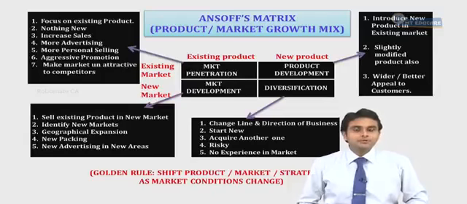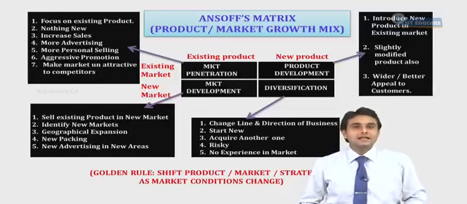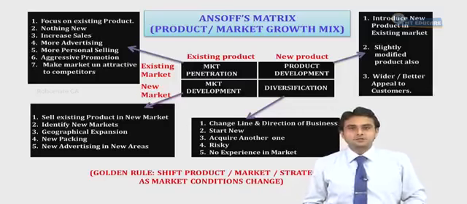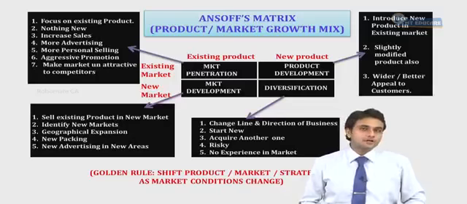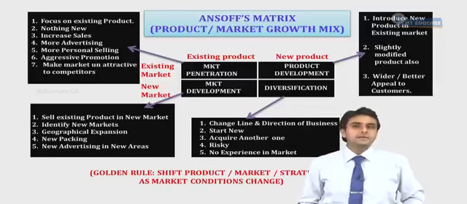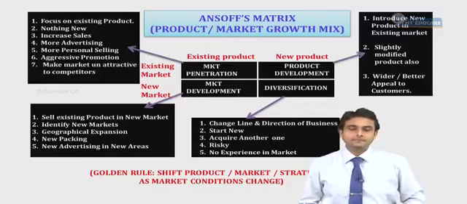Now, another approach can be product development, which means I develop new products apart from already selling existing products, and I develop a new product and sell it in the existing market. Here we can take a simple example of Samsung. Every few months it will come up with a new phone and sell in India, which is its existing market.